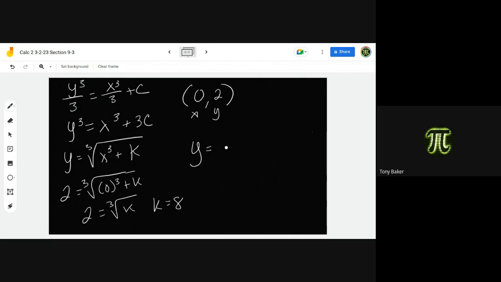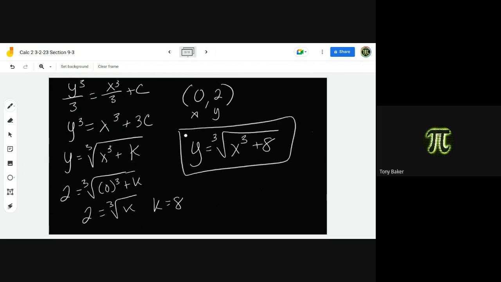So my original equation for this problem is y equals the cubed root of x to the third plus 8. And the derivative, the dy/dx of that, is x squared over y squared. So this was my derivative, and that's my original equation.